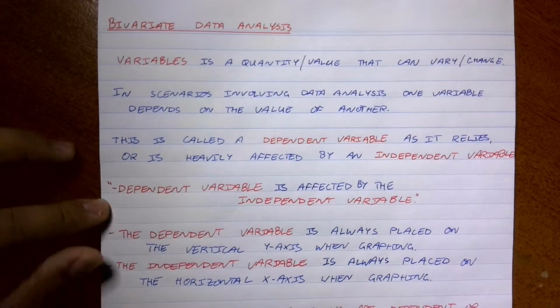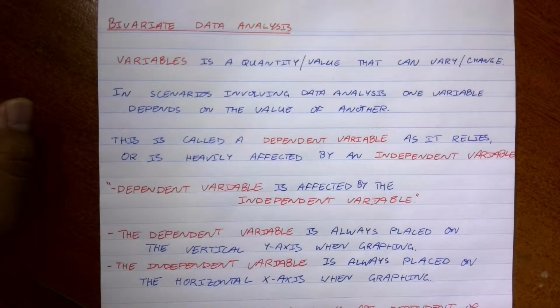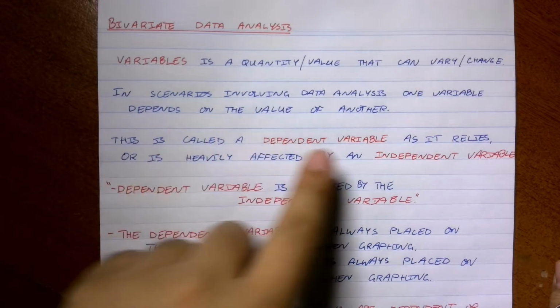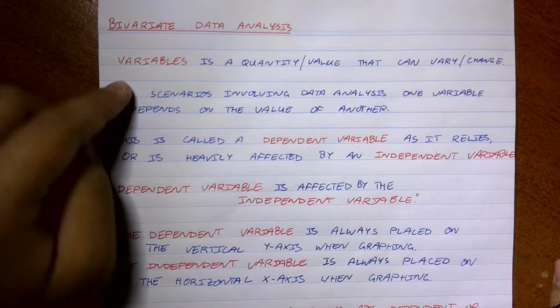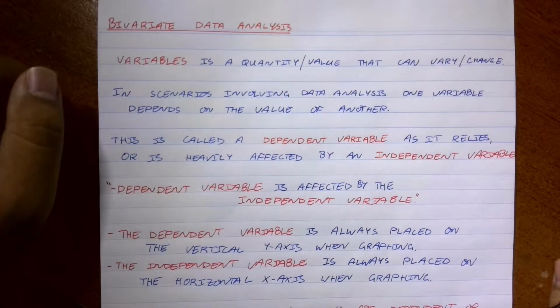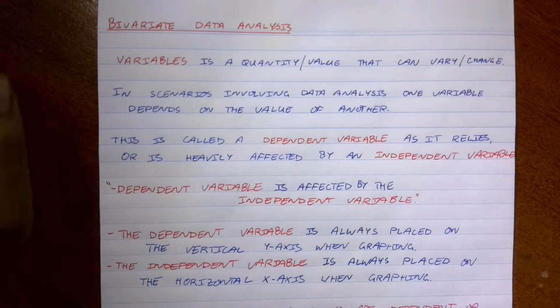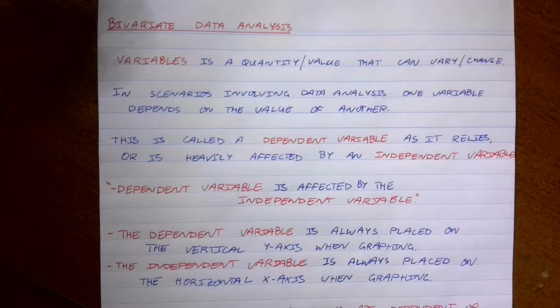In scenarios involving data analysis, one variable depends on the value of another. This value that depends on another value is called the dependent variable, as it relies or is heavily affected by an independent variable.